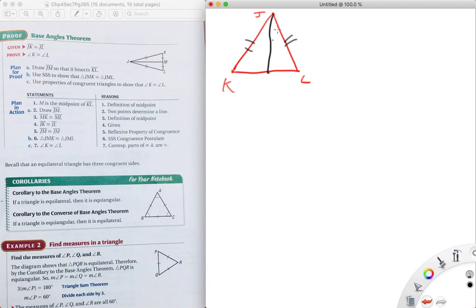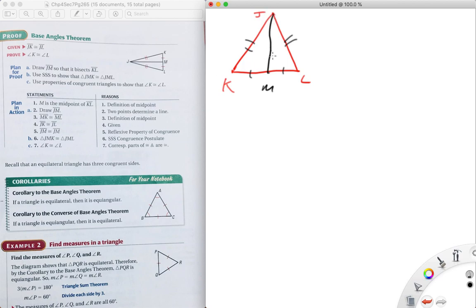We're drawing an auxiliary line such that we create M, which is the midpoint, and because M is the midpoint, it makes those two segments congruent.